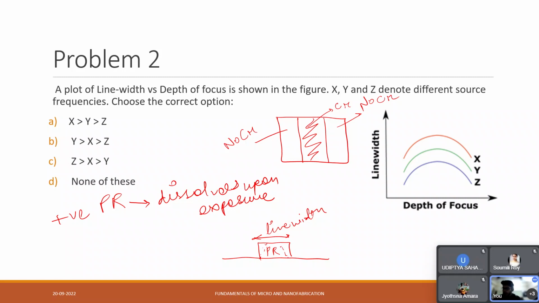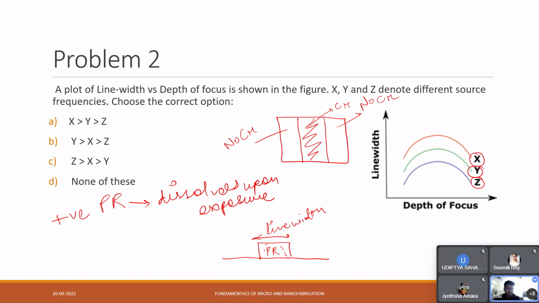With the highest energy, we will get the lowest line width. So here the lowest line width is in the case of Z, and then the second is Y and X.